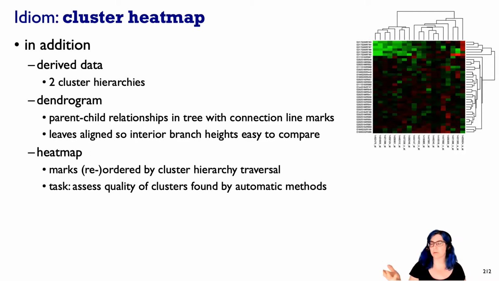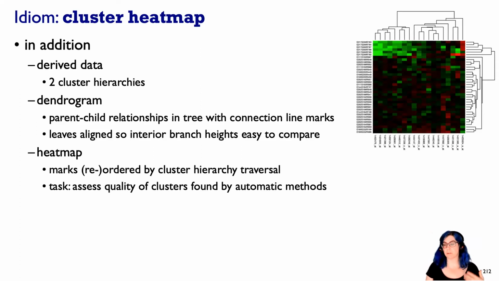And then explicitly show this with a depiction of the tree. We'll talk more about trees in the network section, but I'll just say for now it's a dendrogram where you're able to see these parent-child relationships explicitly, and there's an alignment so that it's easy to compare the heights of those interior branches to understand the order of this clustering. So then the marks can be reordered by traversing this cluster hierarchy to preserve those cluster relationships.